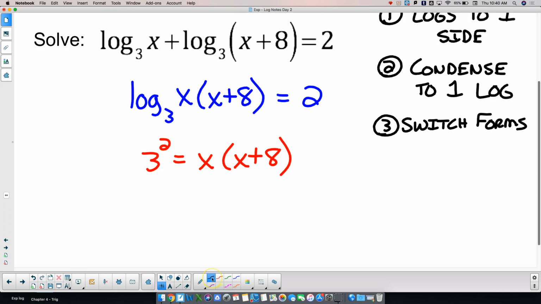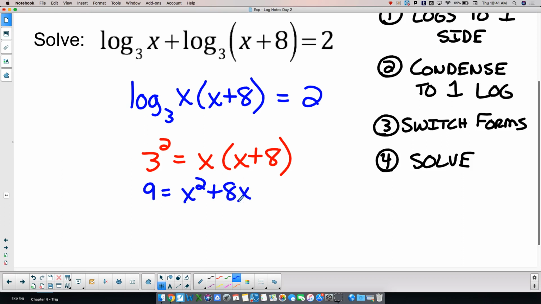You can solve. 3 squared is 9. X times x plus 8 is x squared plus 8x.